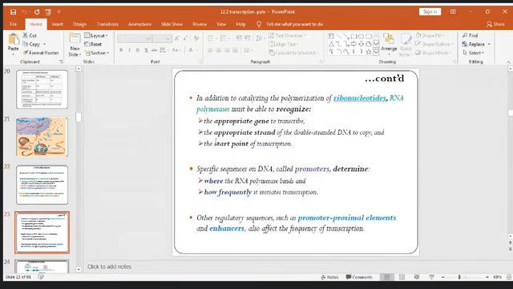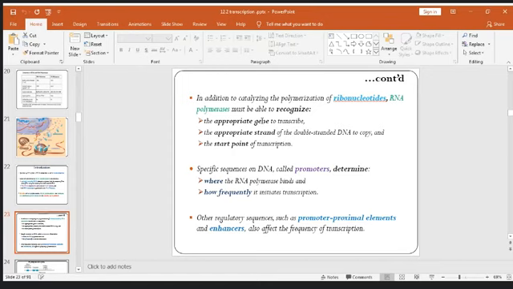In addition to catalyzing the polymerization of ribonucleotides, RNA polymerases must be able to recognize sites on the parental DNA strand molecule. What are those sites? The first one is the appropriate gene to be transcribed into the RNA molecules.